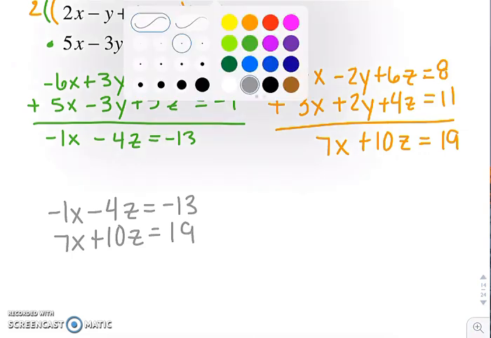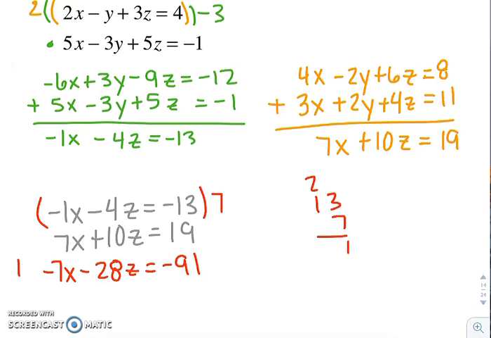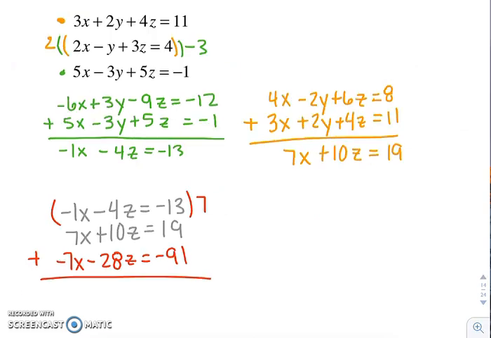So I'm just going to multiply this guy by 7. And that'll give us negative 7x minus 28z equals negative 91. Add them up. X's will disappear. And then we've got negative 28. So we're done with this guy.